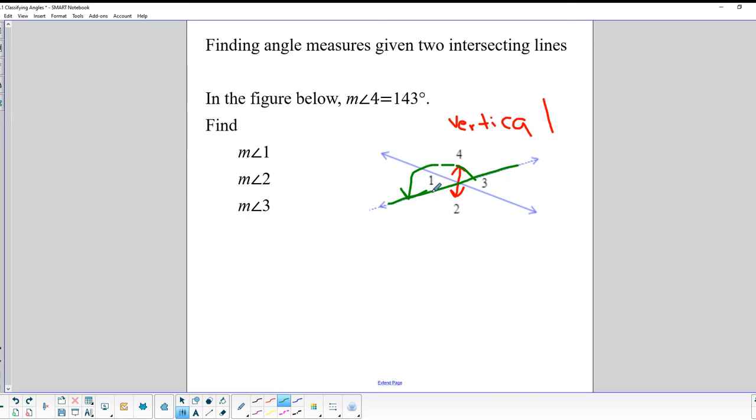So it says the measure of angle 4 is 143 degrees. That means this angle up here is 143. Based on that, we also know that the angle straight across from it, angle 2, is 143 degrees.